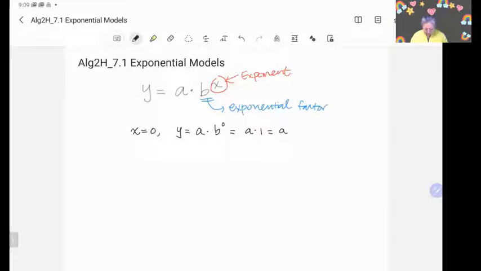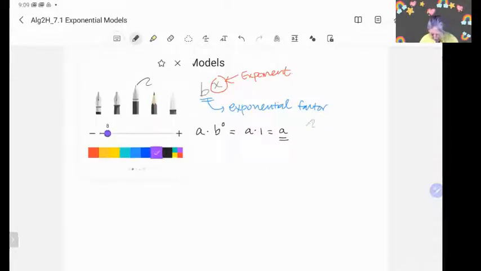So when we talk about real-life examples of exponential growth or decay, by the time 0 seconds have passed, the value is always the leading coefficient a. This is a very convenient position, because we can utilize that leading coefficient a as the initial amount.